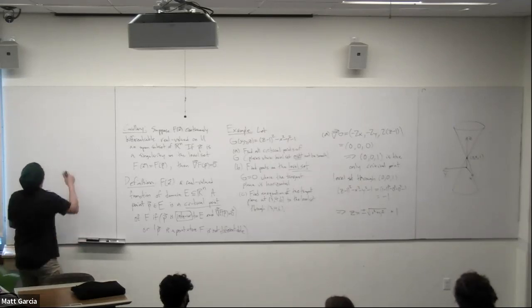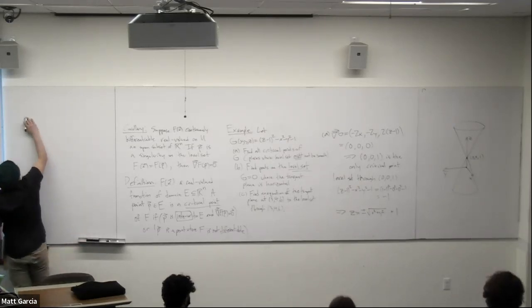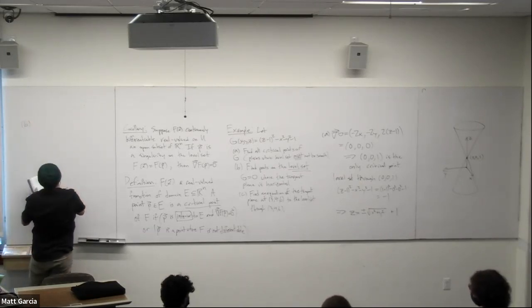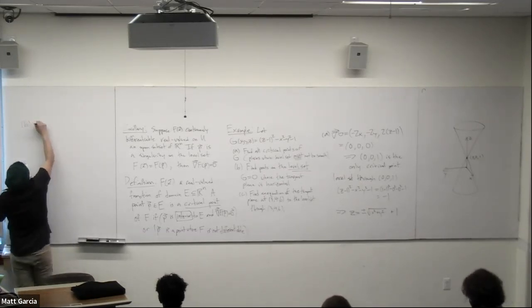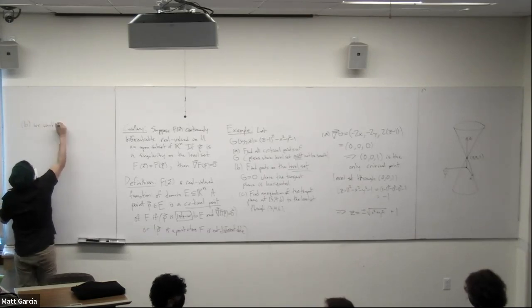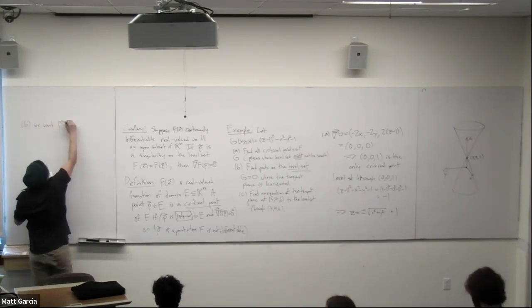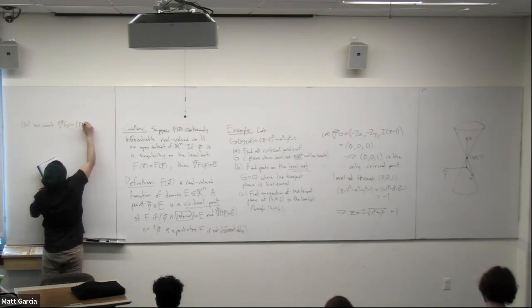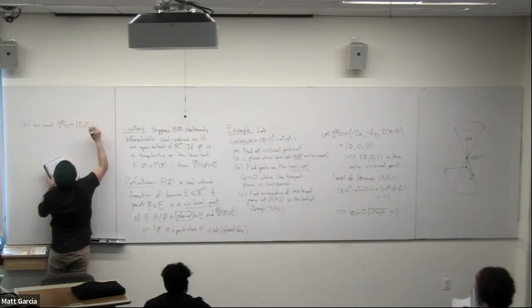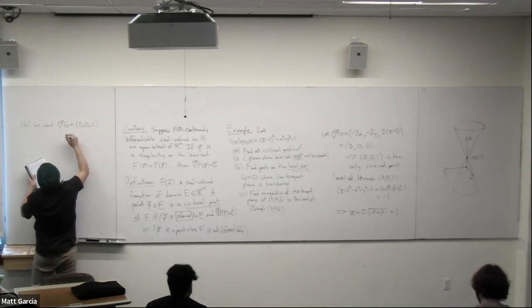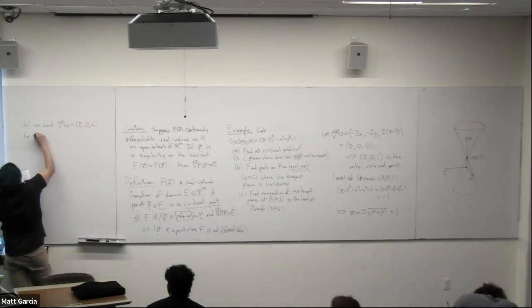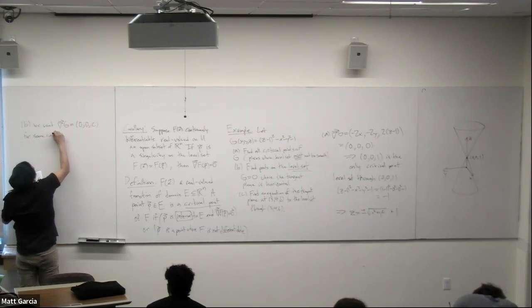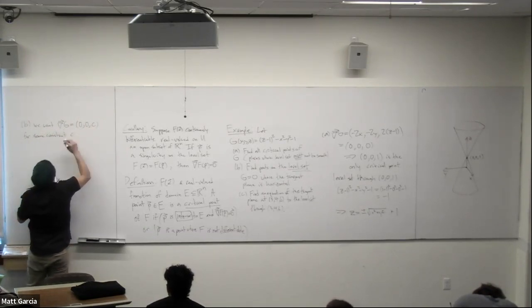Okay, so we want the gradient of g to be equal to (0, 0, c) for some constant c.